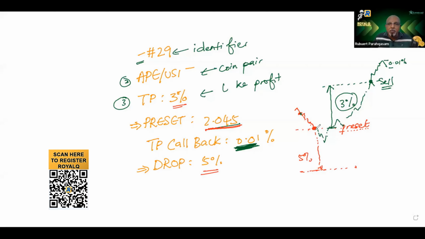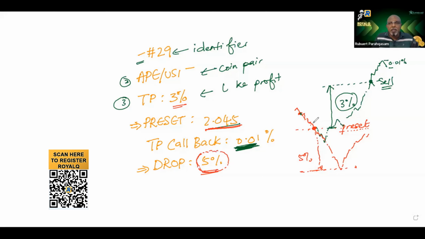So if the market were to go below you, it may drop up to 5% before it goes up in the other direction.